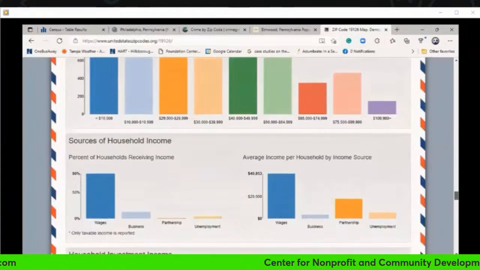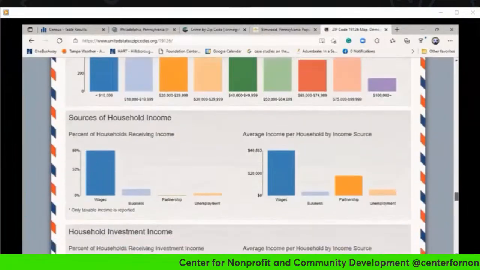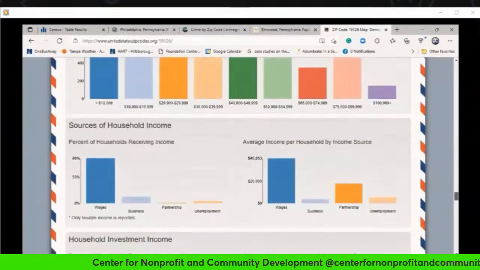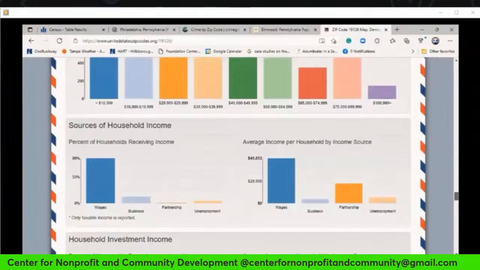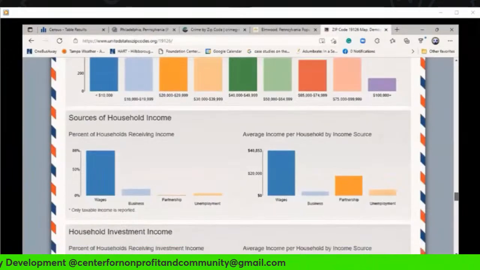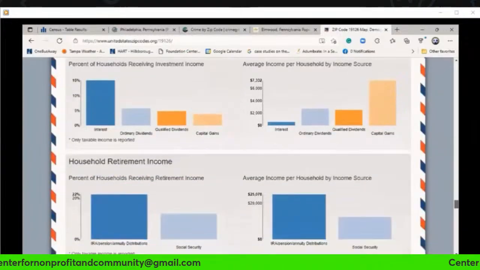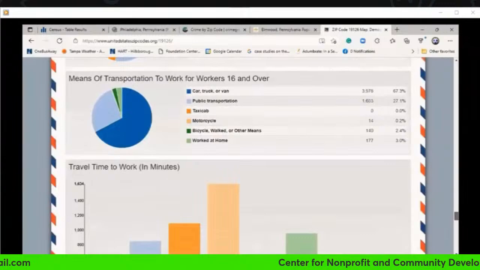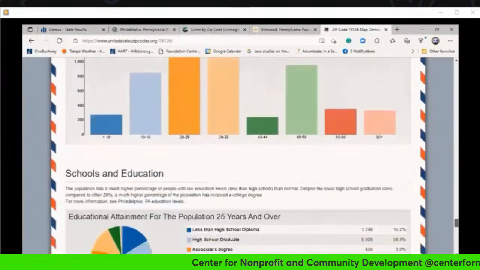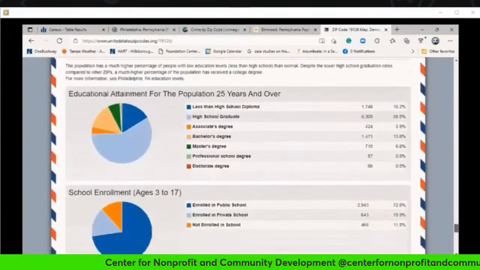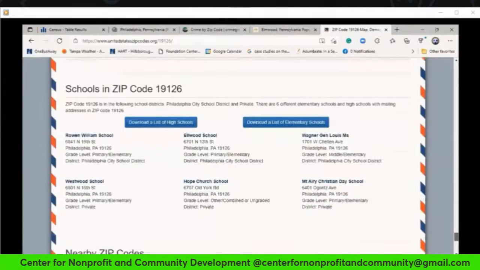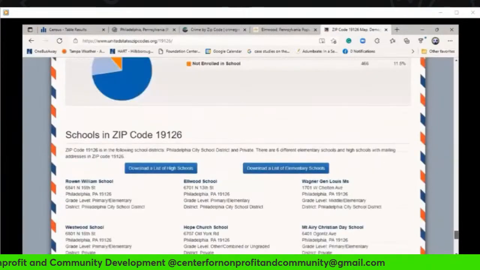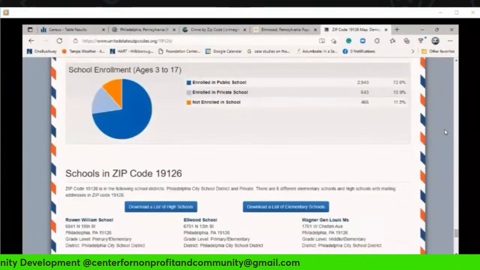This is some in-depth drill down information that you can use to get a clear picture of what your community looks like. Sources of income. So this goes on, retirement, sources of earning, transportation, school and education, and schools. Okay, hold on, let's go to the next.